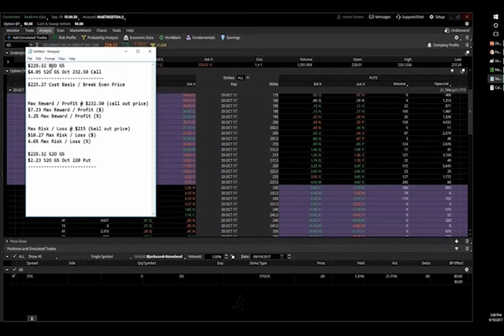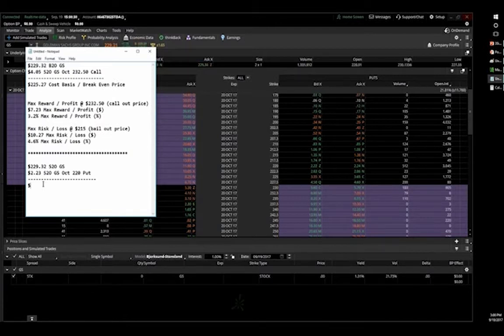Remember, in this case with the covered call analysis, we were buying first and we were selling later. Now we're selling and we're selling. So it turns out that our cost basis goes in the up direction.